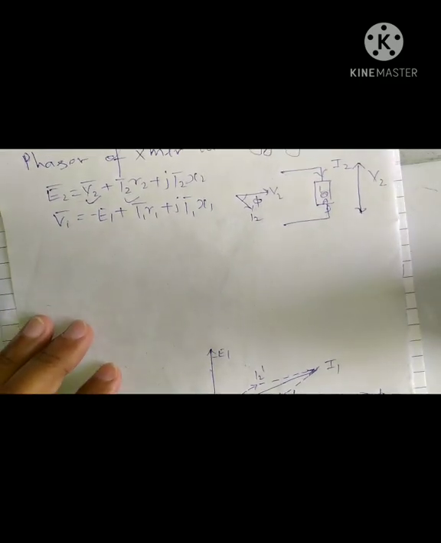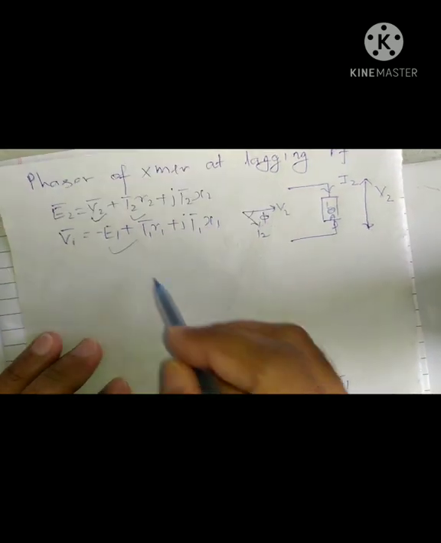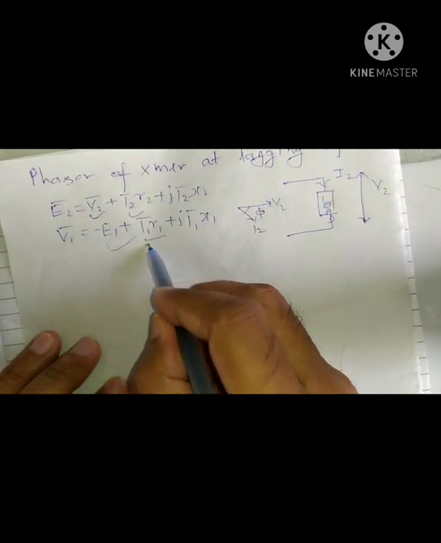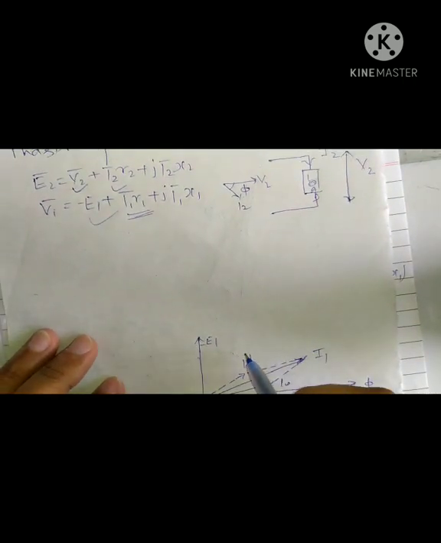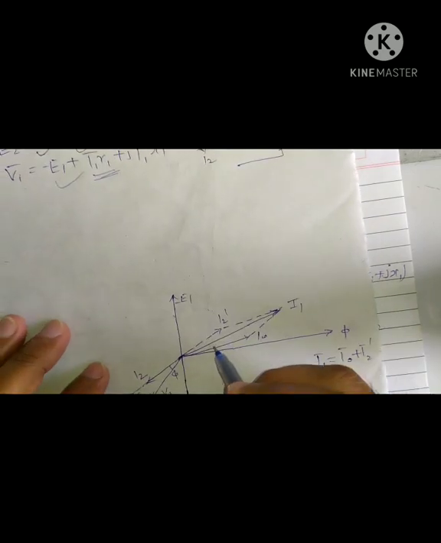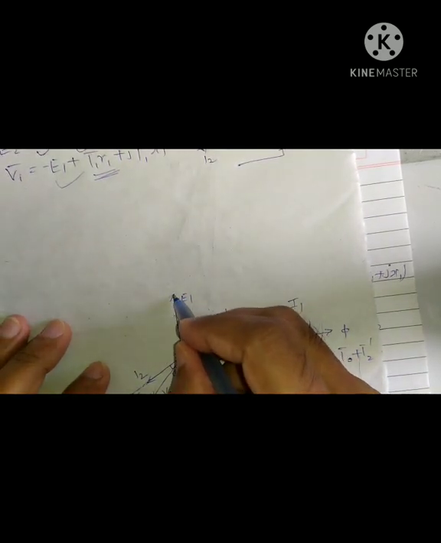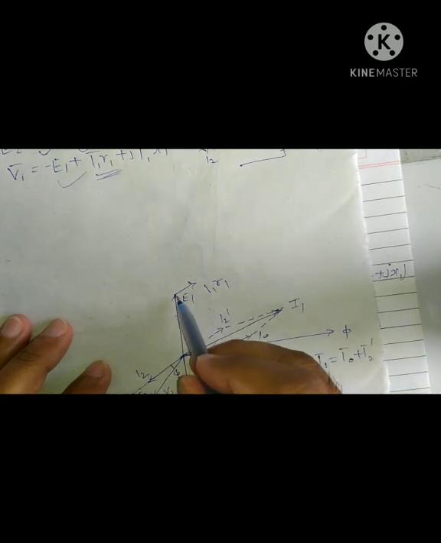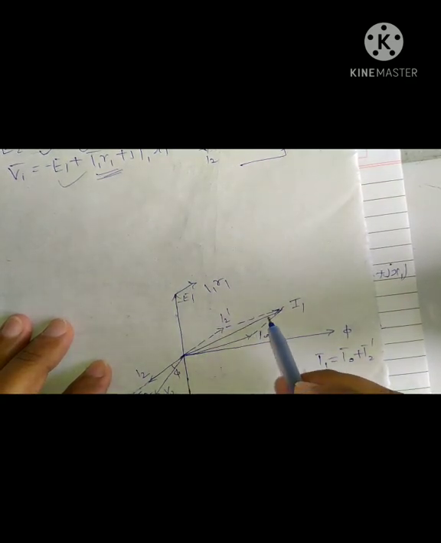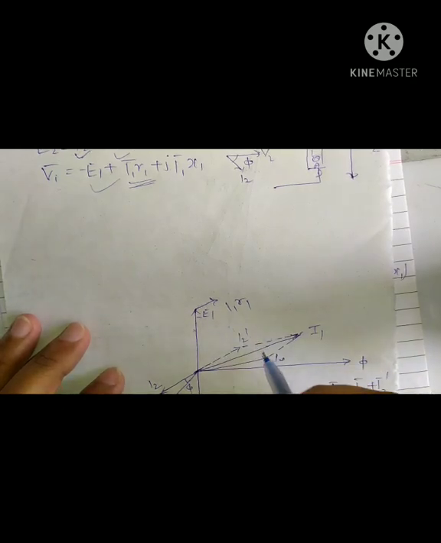Coming to minus E1, we know V1 is minus E1 plus I1R1 plus J I1X1, so minus E1 is shown here. Now I1R1 will be in phase with I1. So here I1 is this locus, so I1R1 will be drawn from the tip of minus E1 like this. This is I1R1. Parallel means I1R1 is in phase with I1.